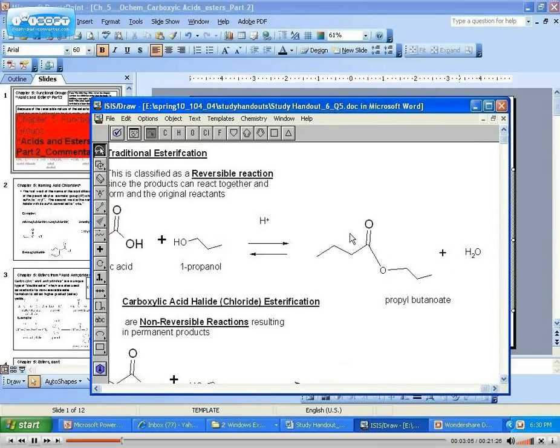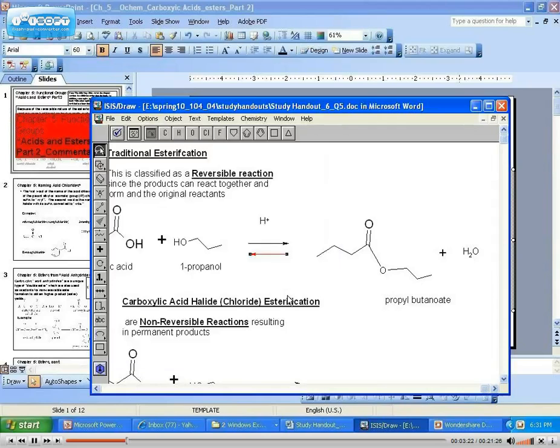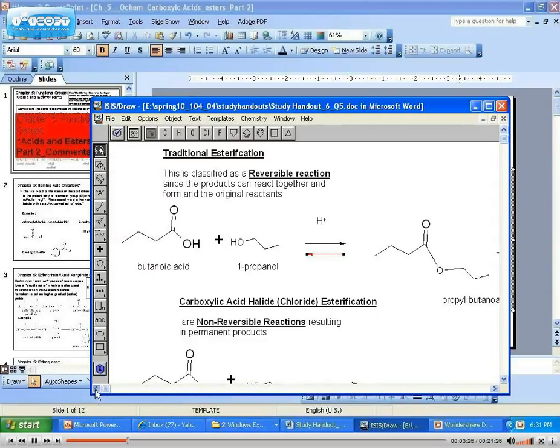Now, this is a reversible reaction, because just as soon as this product forms, the same or a nearby water molecule can come along and cause a reverse reaction, which is why we have a reverse arrow showing this arrow. When it does that, it creates the original reactants.